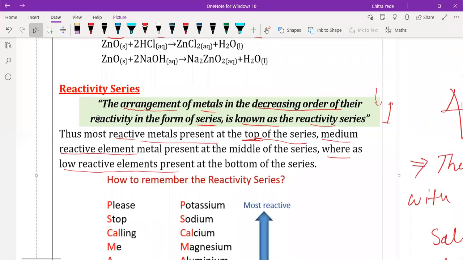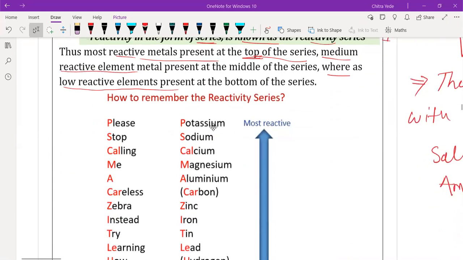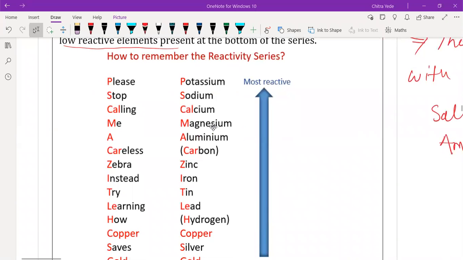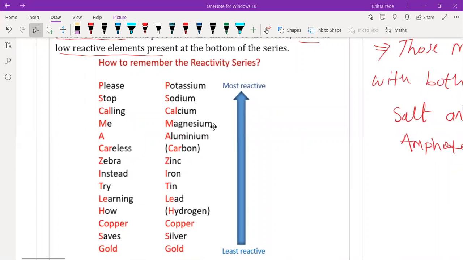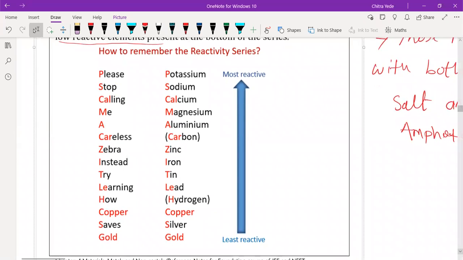Yes, after class you have to write. So, screenshot done. Okay, so this is the arrangement of metals in decreasing order of their reactivity.